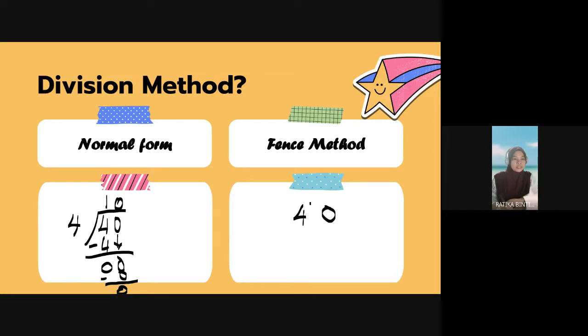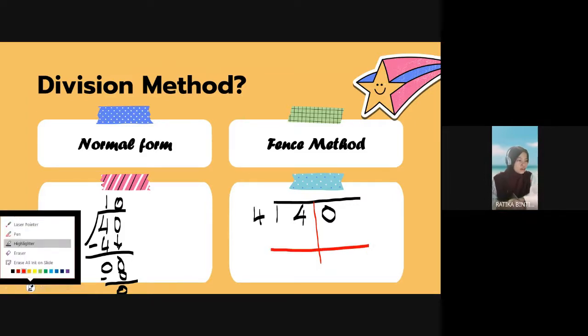The fence method. The fence method macam ni. Okay, sesiapa yang buat fence method, you need to draw line here untuk pisahkan setiap digit. Okay, tapi caranya sama juga. 4 divide by 4 is 1.